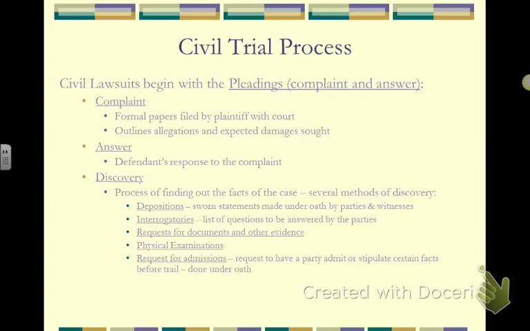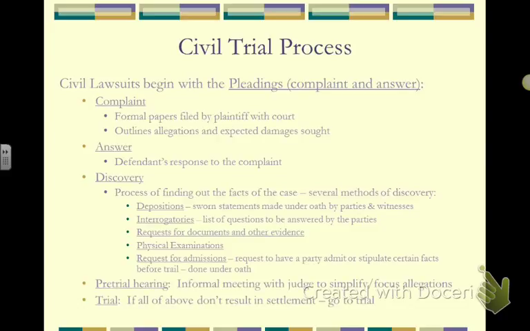You might see if you can get some physical examinations. You can request evidence. You can request admissions, request that one party agree that the parties were involved, or that so-and-so resides someplace. So you request certain admissions up front. Okay? That's discovery.